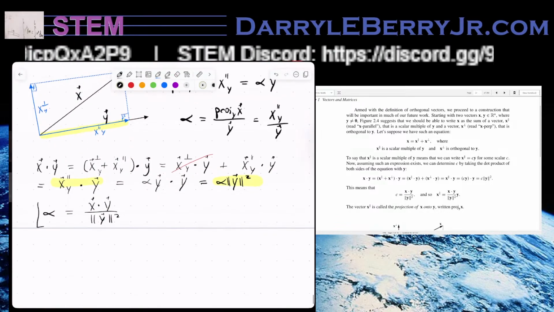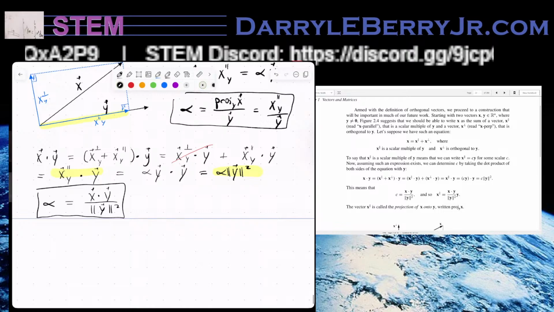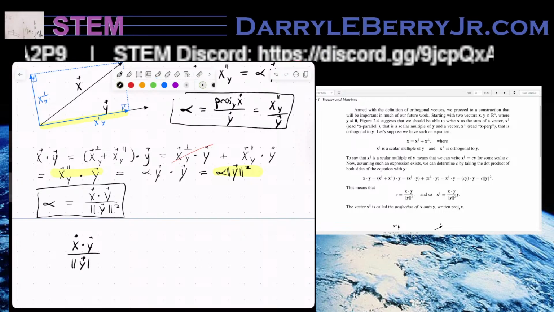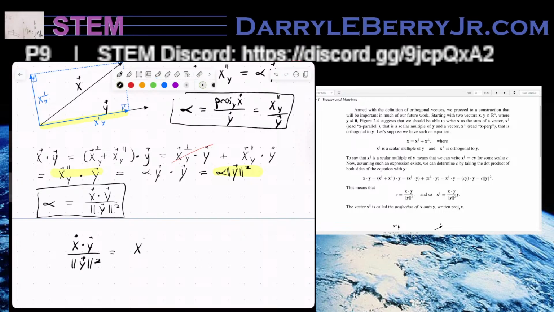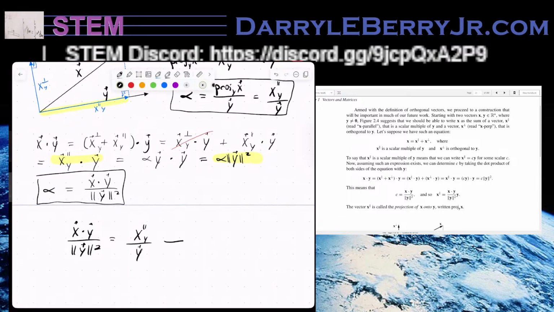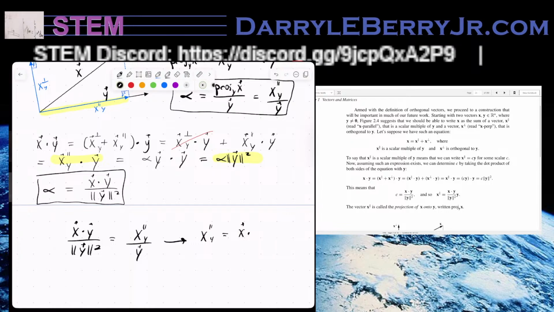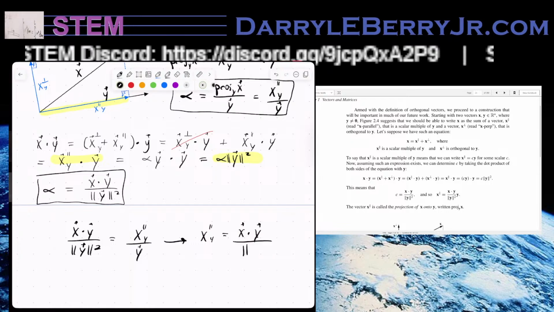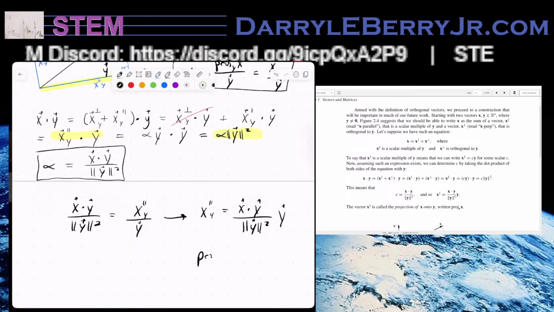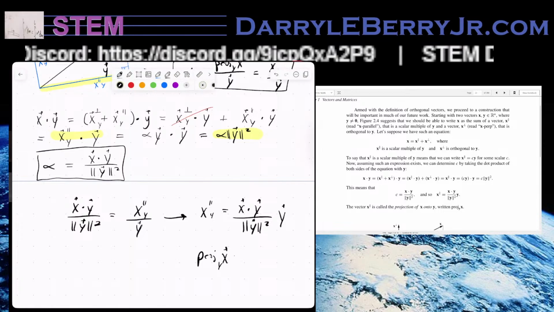So now I can make these two equal to each other, and I can say x dot y over the magnitude of y squared equals the parallel aspect over y. So that means the parallel aspect equals x dot y over the magnitude of y squared times the vector y. And it also equals the projection onto y of x equals that.